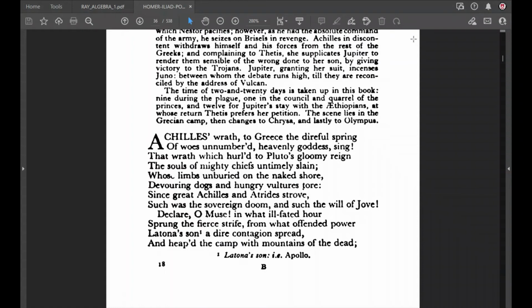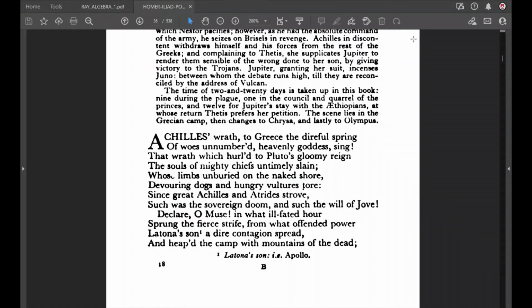So he says, "Sing to me of Achilles' wrath, which brought unnumbered woes upon the Greeks. That wrath, sing to me about that wrath which hurled to Pluto's gloomy reign the souls of mighty chiefs." What that means is, sing to me about Achilles' wrath, which hurled to Pluto's gloomy reign.